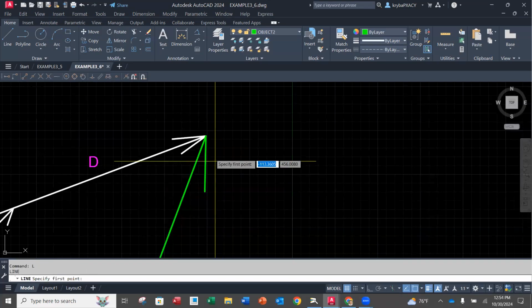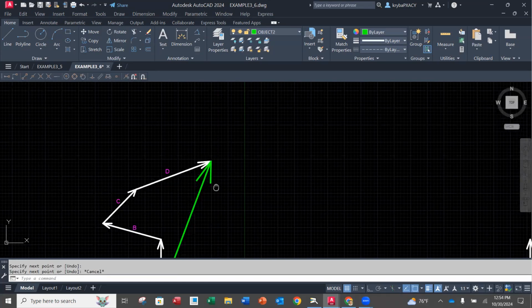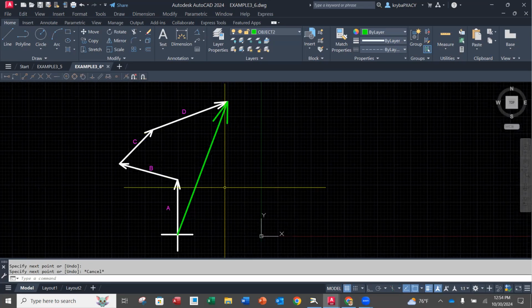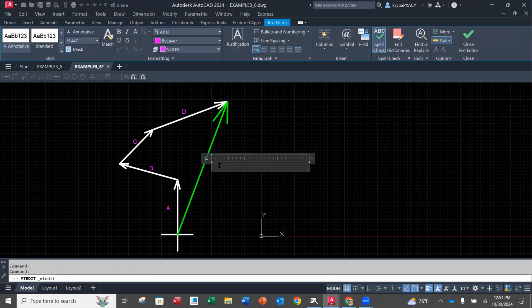So this is the tip of our resultant. Okay. So the net effect of those four forces is up and to the right. So if we would replace those four with one force, that's our resultant. And then we want to label it. So I'm going to put my R over here. This is my resultant, R.